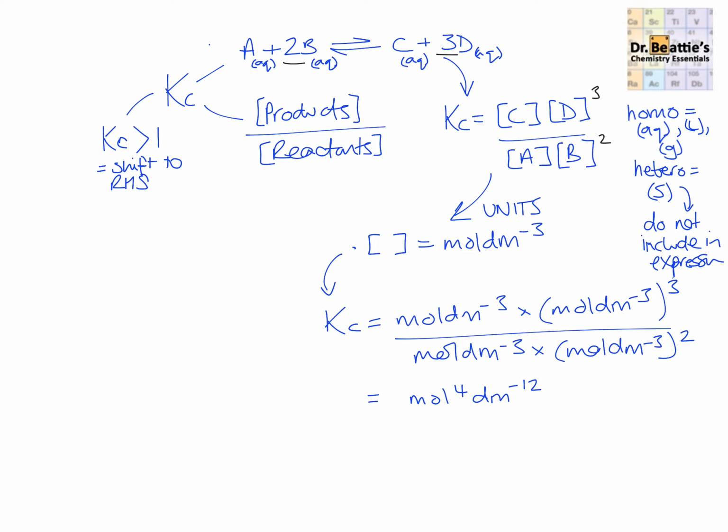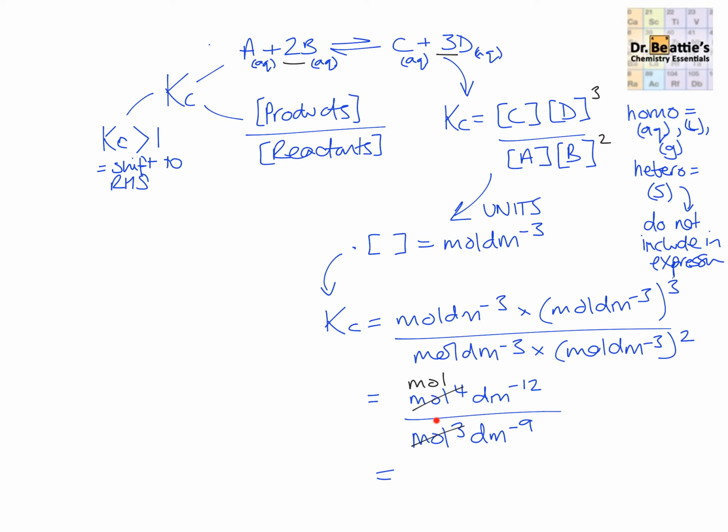And we do the same process for the reactants. So again, dm^-3 times 2 is minus 6, plus the minus 3 here makes that minus 9. And then the moles, we've got 1 there, and we've got 2 lots of moles here to make mol^3. Then what we need to do is cancel this down.